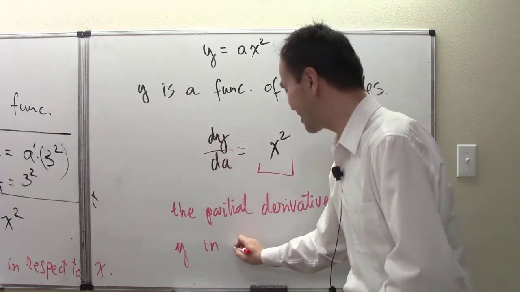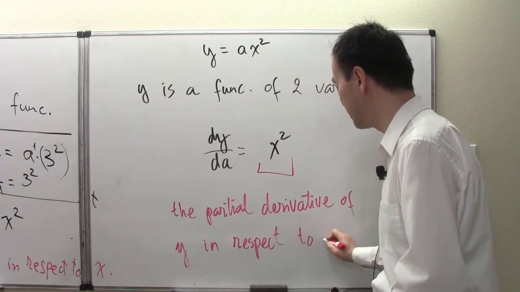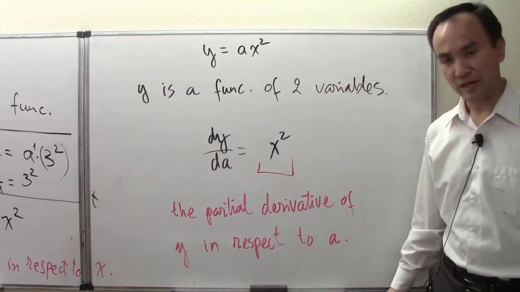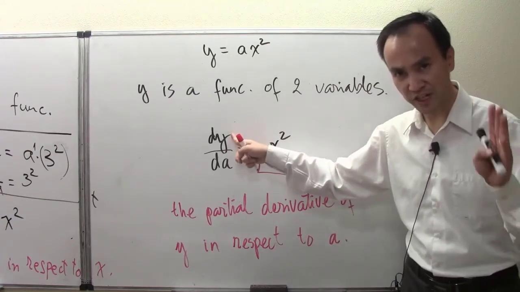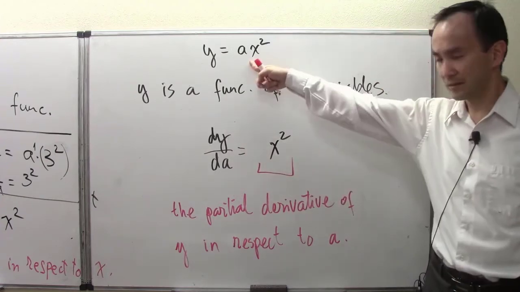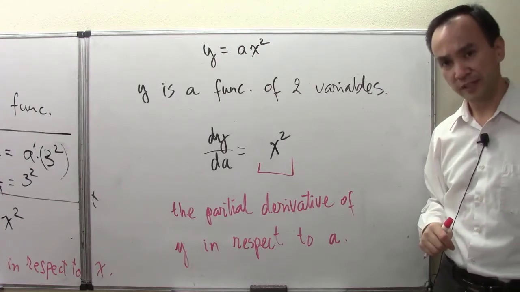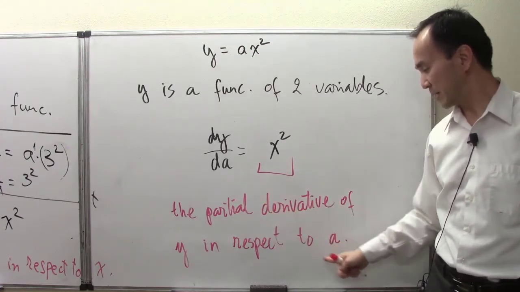So now I'm going to say in respect to a. This is the partial derivative of the function. This is our objective function right here. We want to target a. See, a was one of the two variables right there. So this is the partial derivative in respect to a.